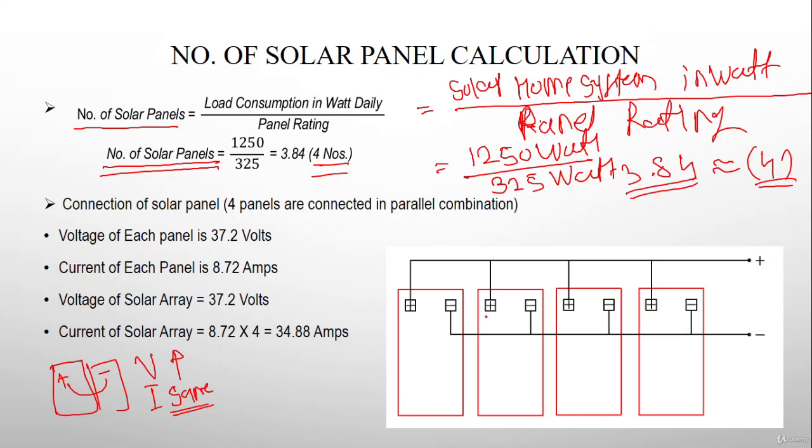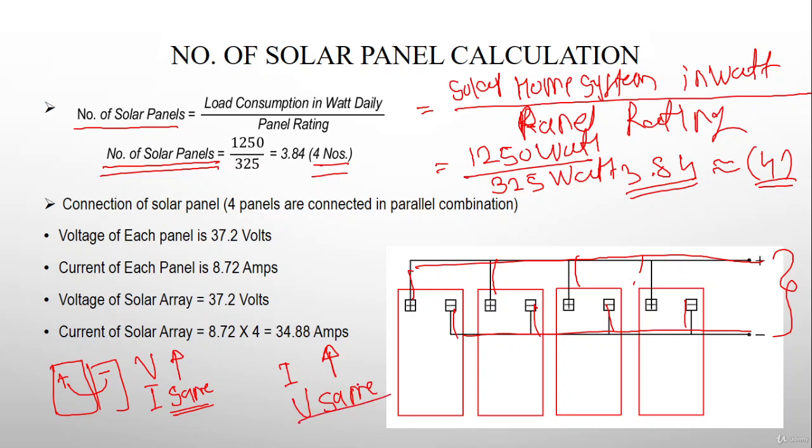Whenever we join the solar panels in parallel combination, as shown in the diagram, the positive wires of each panel are combined into one wire, and the negative wires of each panel are combined into one combined wire. This is the output terminal we can measure with a multimeter. In this parallel combination, the current increases, and the voltage remains the same.